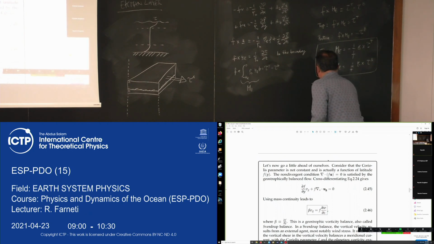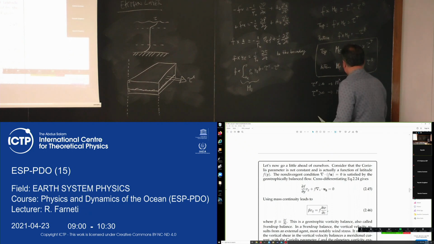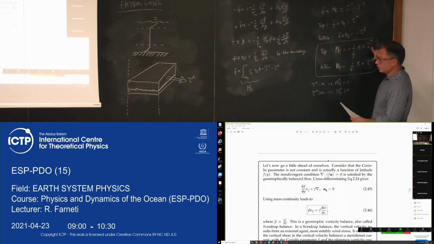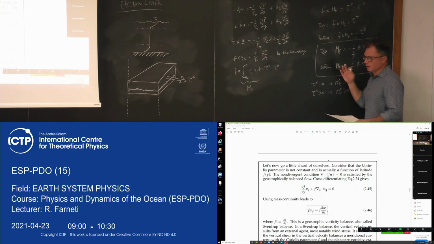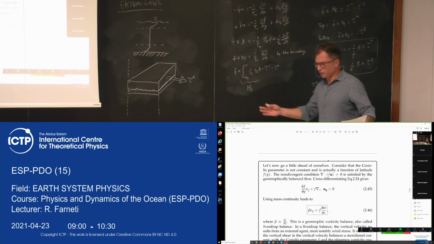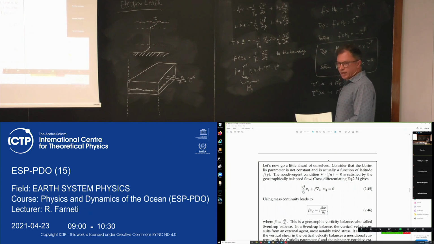And if tau x is positive, like in that case, then the meridional component, the y component of the mass transport, is also positive for a top Ekman layer. This is already telling you what you already know, that the total mass transport in the Ekman layer is at right angles to the wind stress.